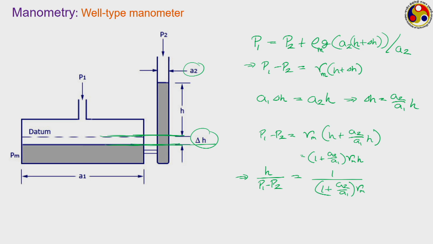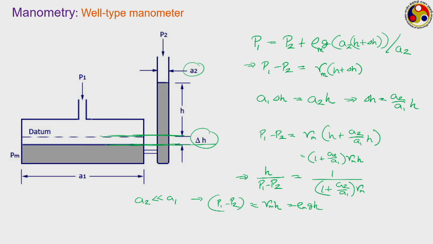If this A2 is extremely small compared to A1, that is A2 is negligibly small compared to A1, in that case P1 minus P2 is nearly equal to gamma m into h, that is manometric fluid density into g into h.